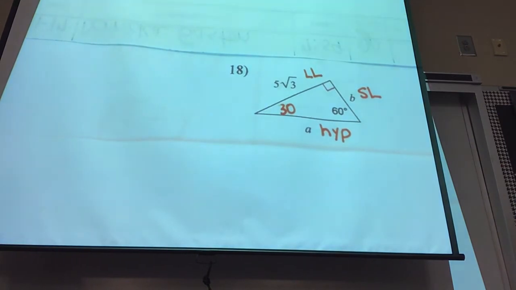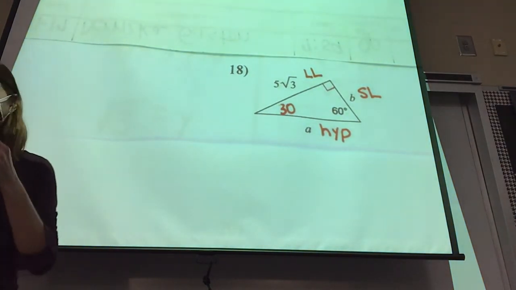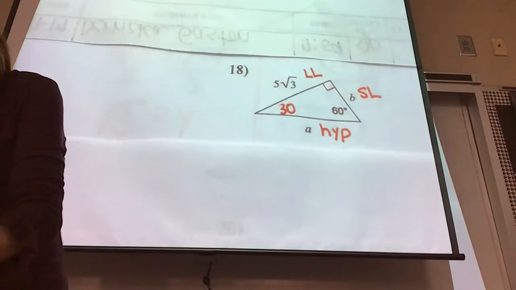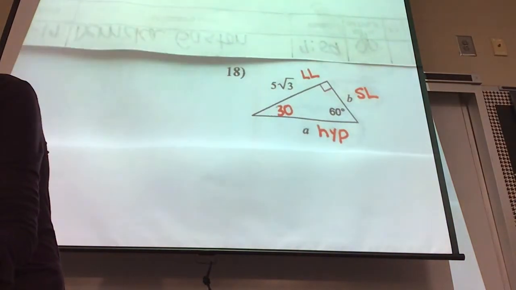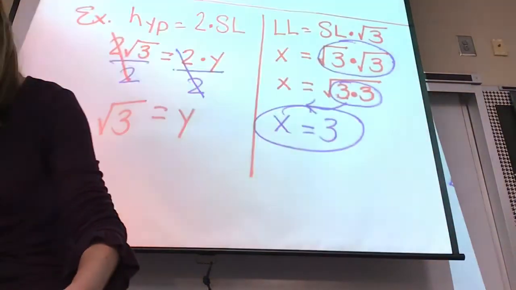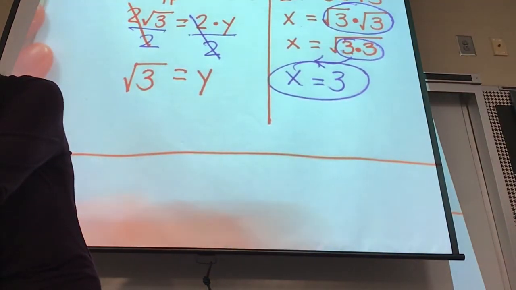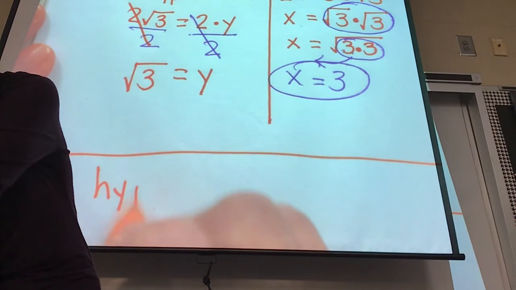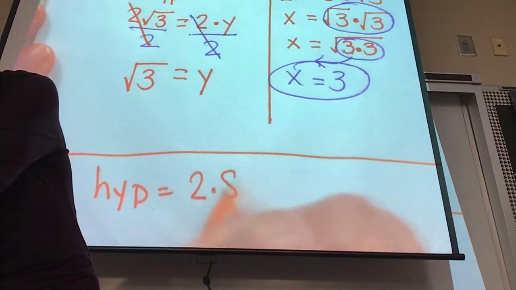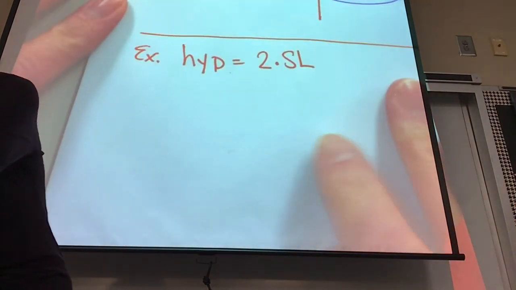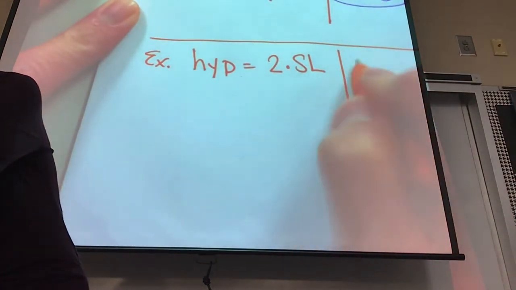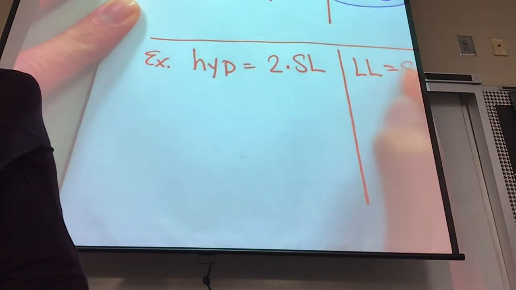So, all I gotta do is fill this information into my two formulas. So I'm gonna move this now that we've got everything labeled. So I've got my hypotenuse equals 2 times SL. And I've got my LL equals SL times the square root of 3.